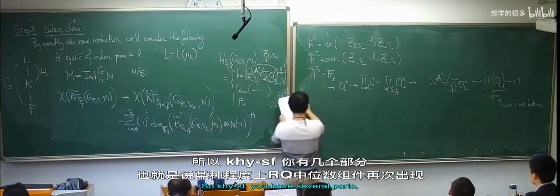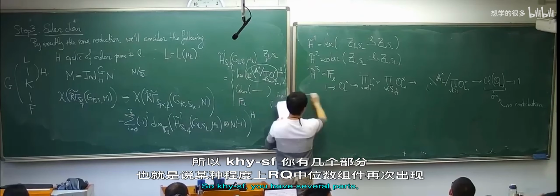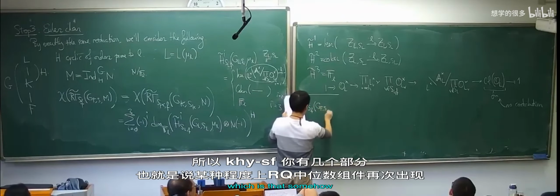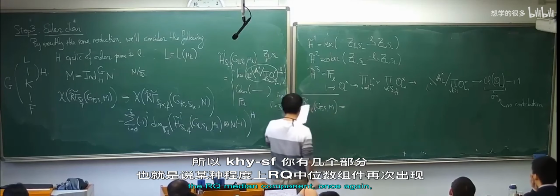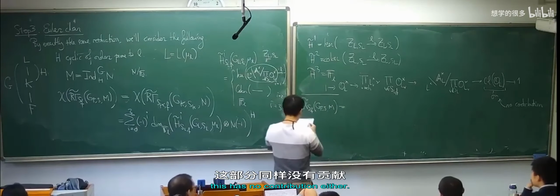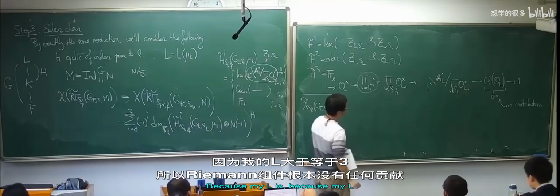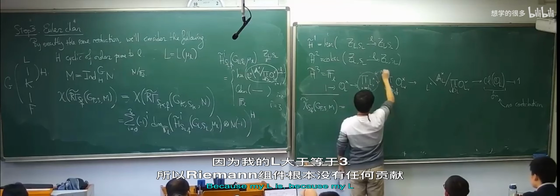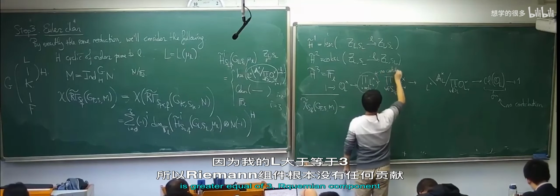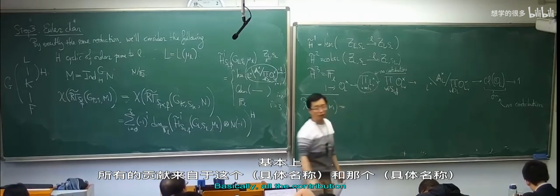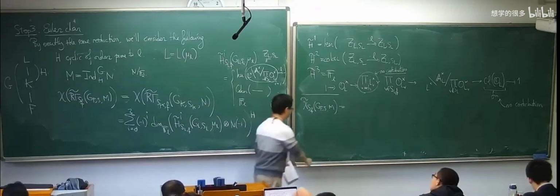So chi_SF, you have several parts, which is the Archimedean component. Once again, this has no contribution either, because my L is greater than or equal to 3. Archimedean component has no contribution whatsoever. Basically, all the contribution comes from this and this.